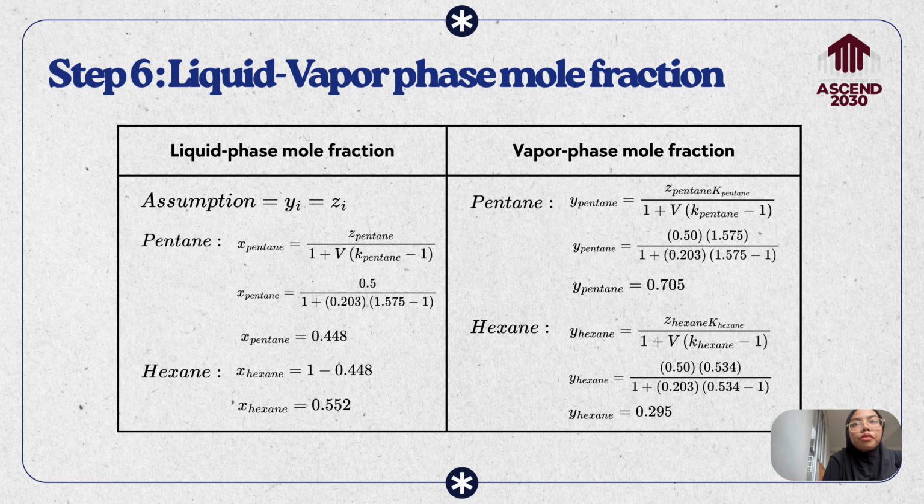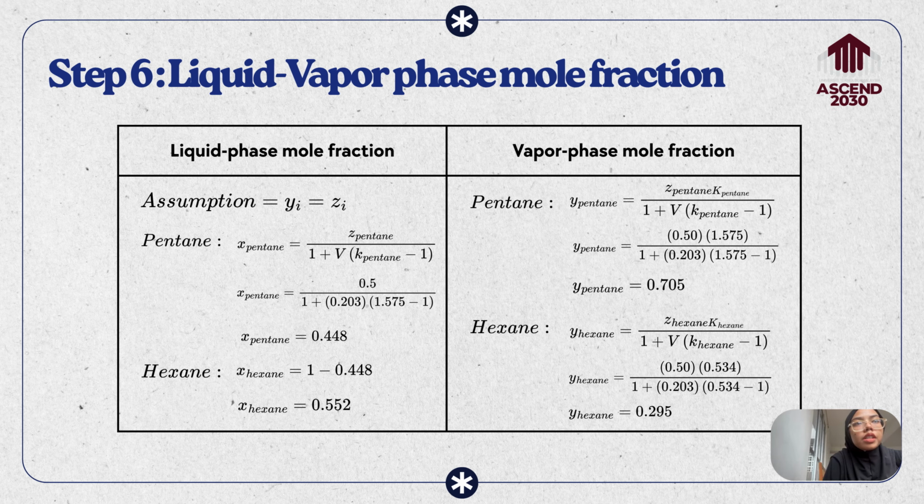We can use V, the mole of vapor, because we made the assumption of Yi equal to Zi just now. So we substitute the values that we have, and we got X pentane equal to 0.448. To find X for hexane, we just do 1 minus 0.448 and we got 0.552.